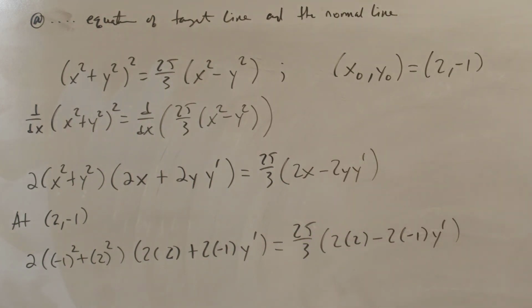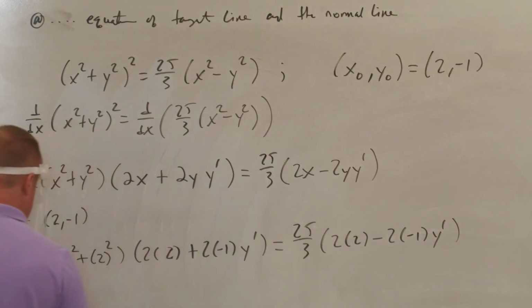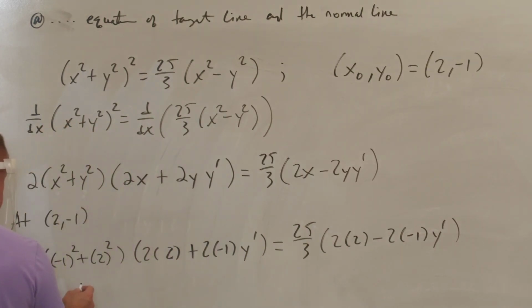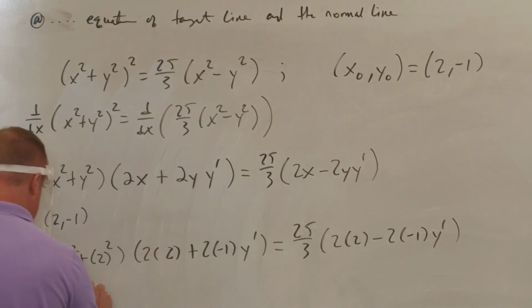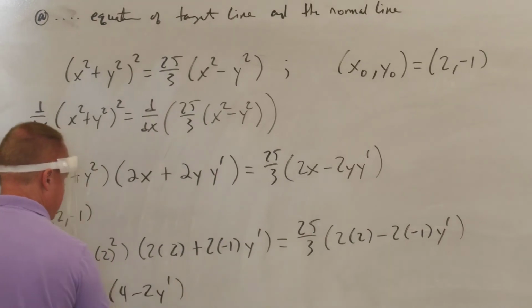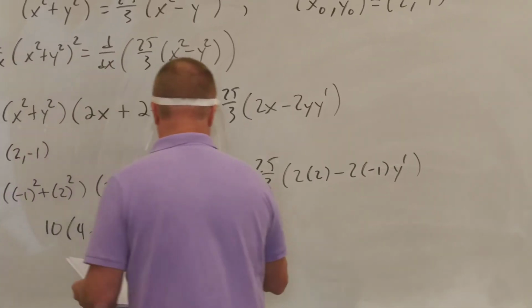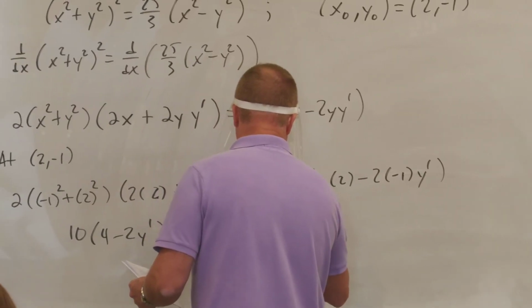Now that will give me, this will be 5 times 2, that will be 10 times 4 minus 2y prime equals 25 thirds times 4 minus 2y prime.